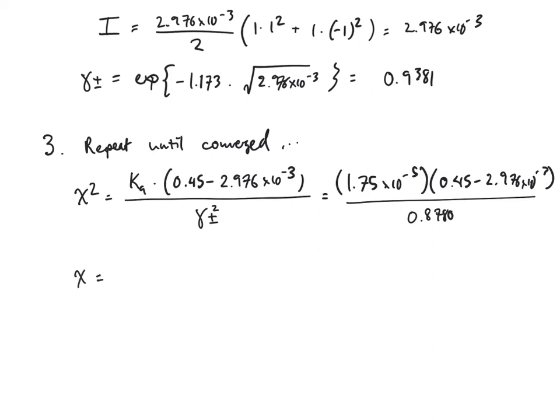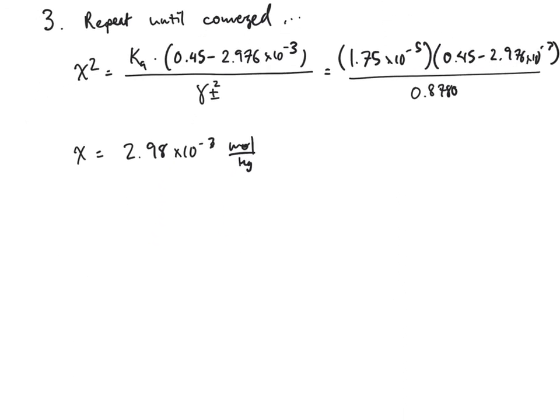And that's going to give us an x, once we take the square root, of 2.98 times 10 to the negative 3 moles per kilogram for that molality. Nice. And that is converged enough, I would say. It's very similar to the previous concentration that we got, so I think that is converged sufficiently.